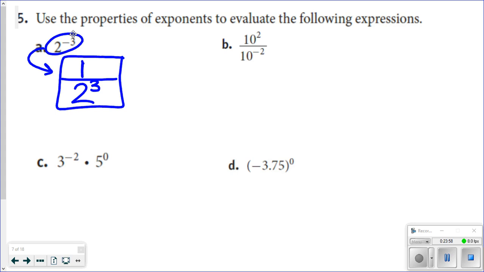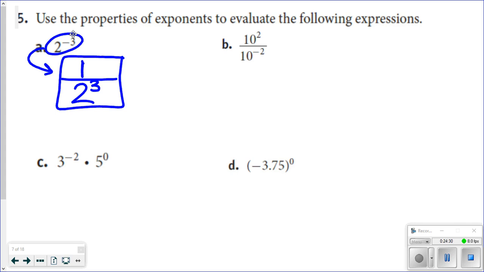I want you to think about doing the properties that we learned, whether it's multiplying, so we add, or whether it's subtracting and we divide, whatever. Do those first, and then at the very end, if we happen to have any negatives, we're going to do the cleanup. So if I look at letter B, I see a fraction, a quotient problem. So I look at my notes, and it says to divide.